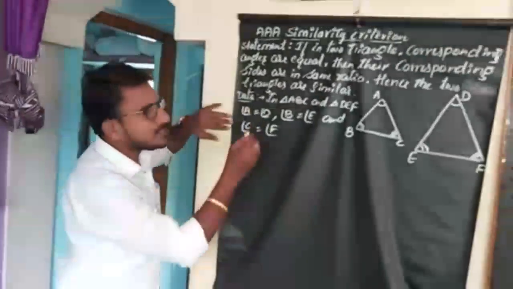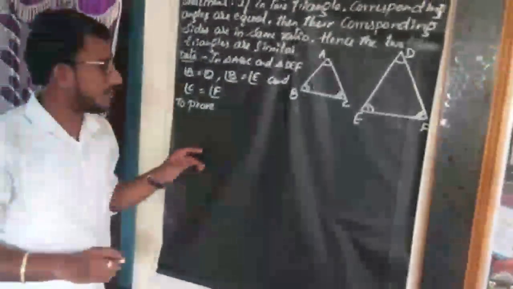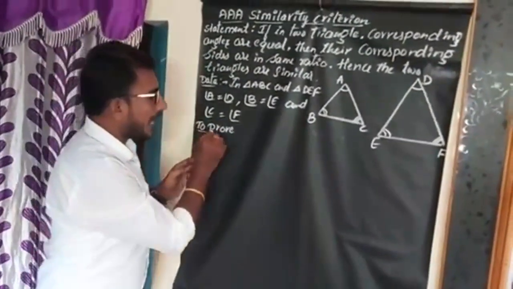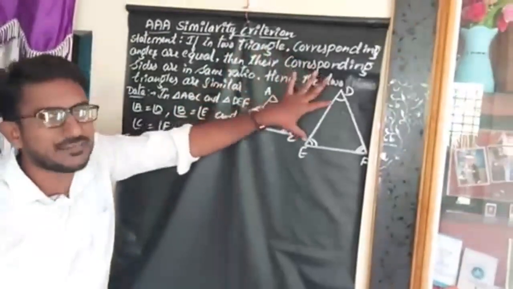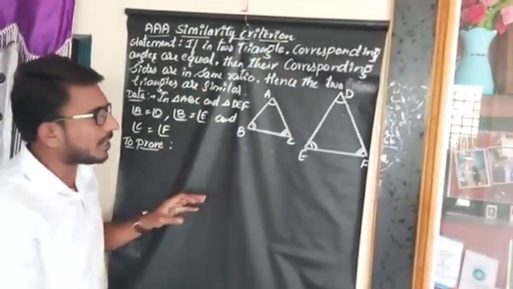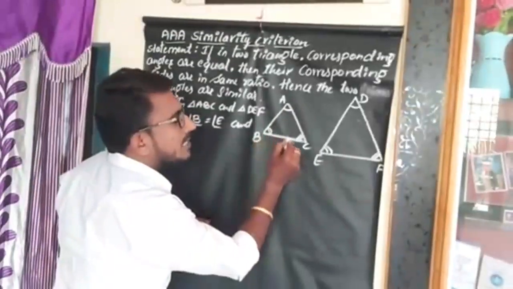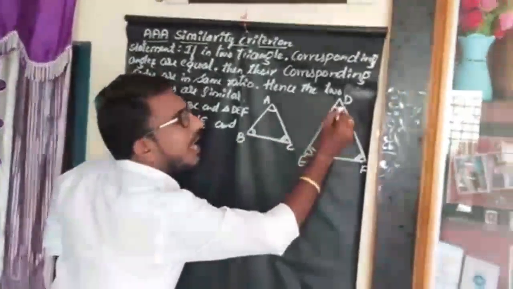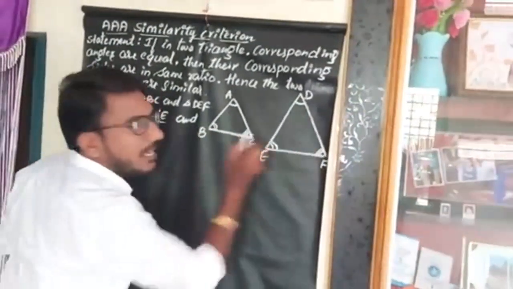And next is to prove. What actually do we want to prove? Here we want to prove something about the corresponding sides. Identification of corresponding sides is very important. Here, to the angle A, the opposite side is BC. Here, for angle D, the opposite side is EF. Therefore, BC corresponds to EF.